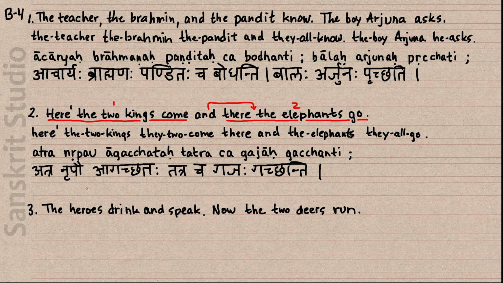Okay, the heroes drink. Let's see. Let's do some grouping here. The heroes. The many heroes we're supposing here. They drink. They all drink, or they drink. The heroes, they drink. They speak.